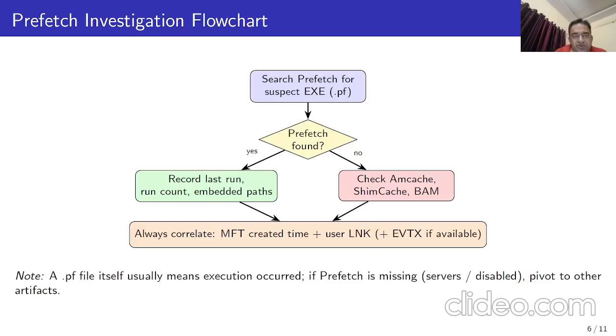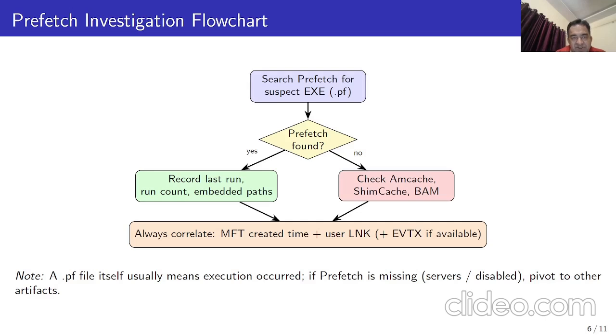Now in the decision tree here, you can see how forensics works in Windows. It searches prefetch for the suspected exe file, and whether the prefetch is found or not, it will work accordingly. If the prefetch is found, then it has to record the last run count and embedded path.